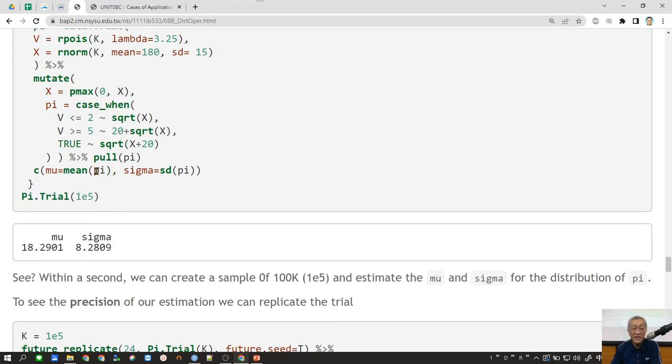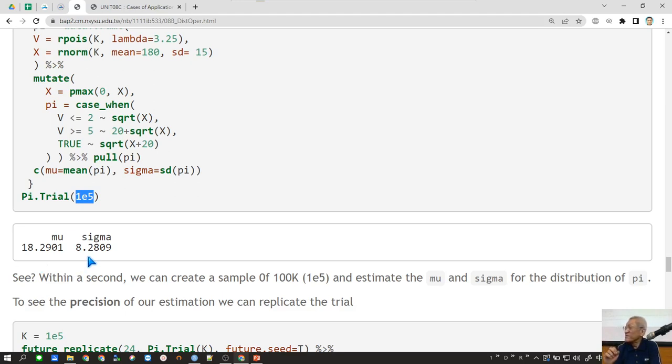At the end of the trial, I calculate its mean and standard deviation. After 100,000 times, the average is 18.2, and the standard deviation is 8.28.